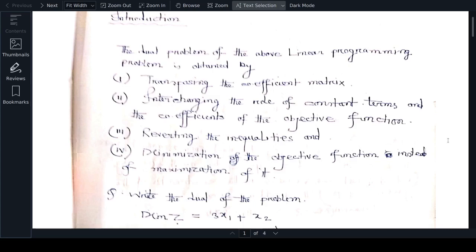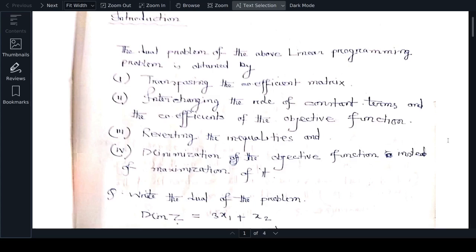And the next one is minimization of the objective function instead of maximization of it, and vice versa. It means if the problem is minimization, then when we write its dual, this will be maximization. If maximization, then this will be minimization.